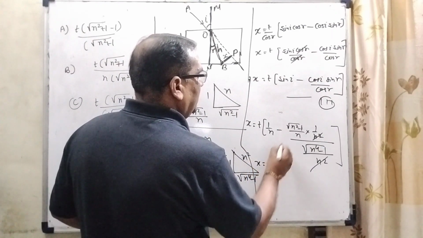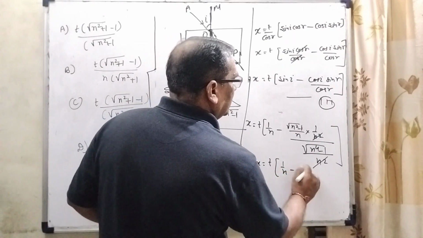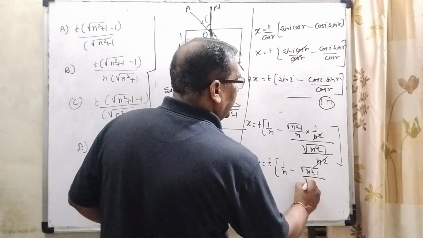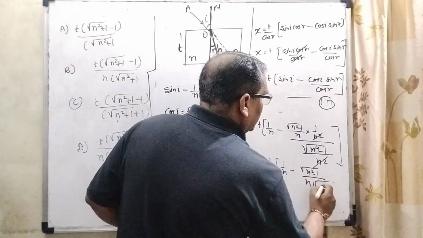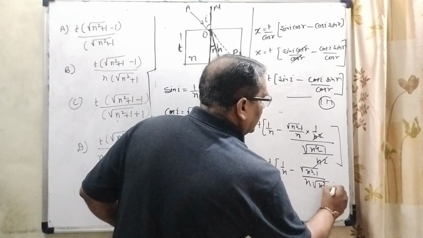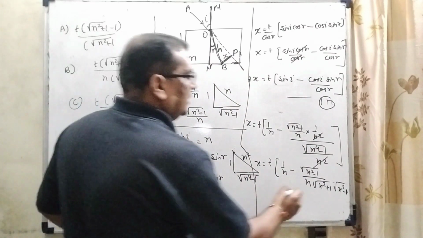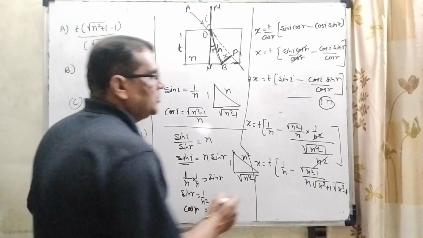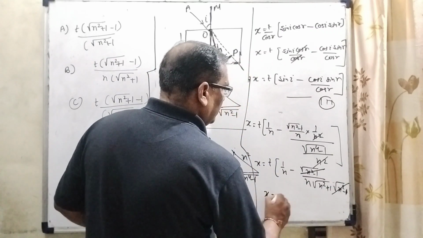x equals t, 1 by n minus root n square minus 1 into 1 by n square, divided by root n raised to power 4 minus 1. Using the identity, n raised to power 4 minus 1 can be written as n square plus 1 times n square minus 1. So here root n square minus 1 cancels out, and x equals t.